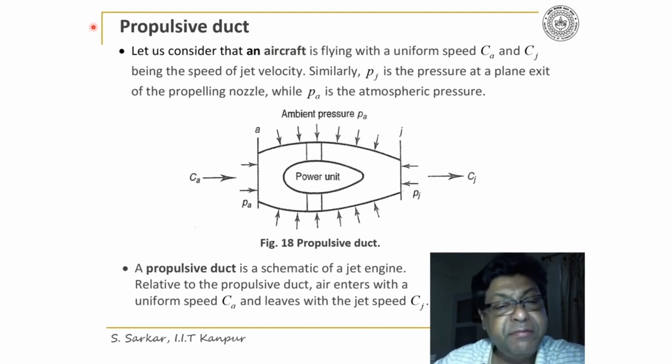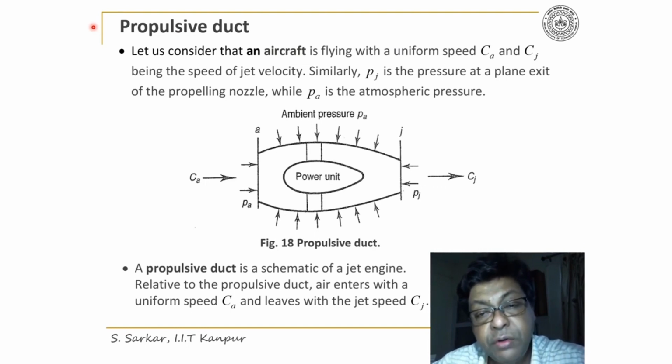Let me consider first an aircraft flying with a uniform speed Ca, and Cj be the speed of the jet velocity. Similarly, Pj is the pressure at the exit plane of the propelling nozzle, while Pa is the atmospheric pressure.